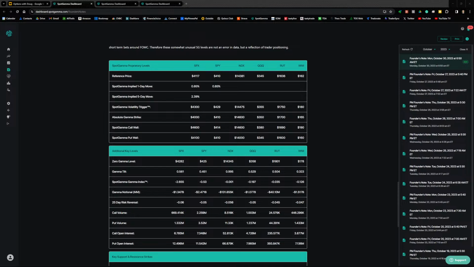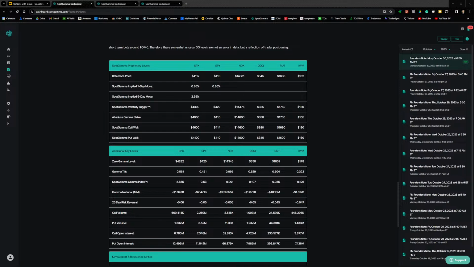All right, there were some shifts in the gamma notional levels. First of all, for the S&P 500 and Nasdaq, the gamma notional became slightly less negative than Friday, and just the opposite for the Russell 2000. Gamma notional became slightly more negative.